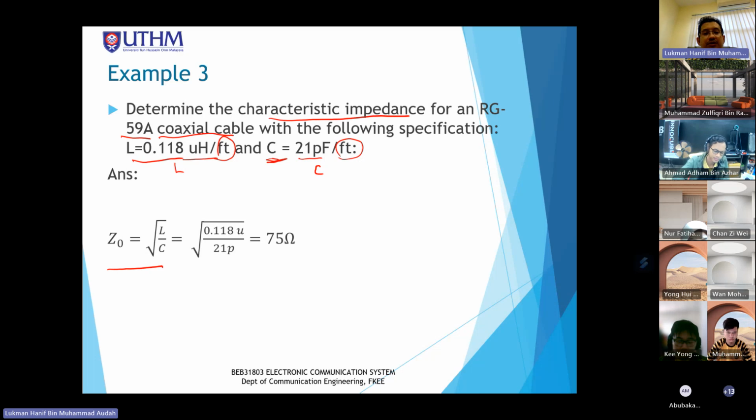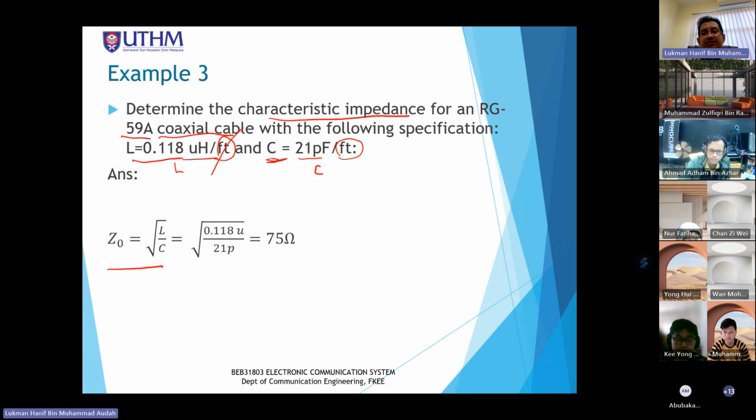So we put the square root of 0.118 microhenry per feet, divided by 21 picofarad per feet. Since both are per feet, we can cancel out the distance parameter.